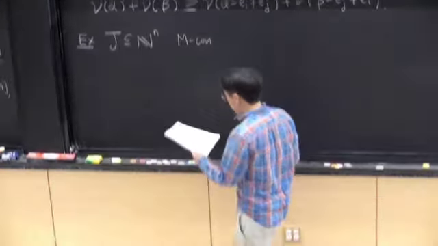But of course, there are many more interesting discrete convex functions than discrete convex sets in given dimension. So for example, if you have a matrix, say A, maybe it has d rows and n columns.